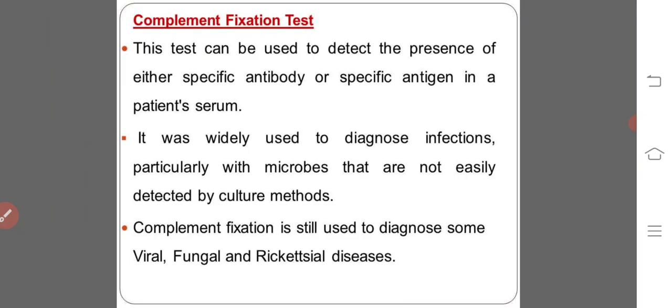The complement collectively refers to a group of circulatory plasma proteins present in the blood serum. In normal conditions, within the plasma and other body fluids, the complement proteins lie in an inactive state and become active after formation of antigen antibody complex. The complement fixation test is one of the major traditional tests for the demonstration of presence of specific antigens or antibodies.